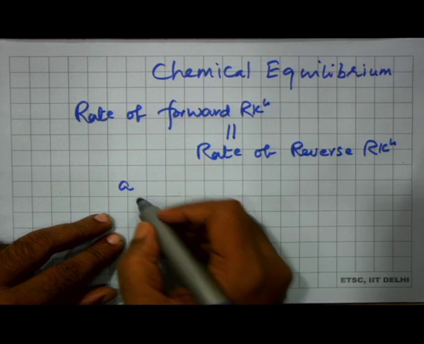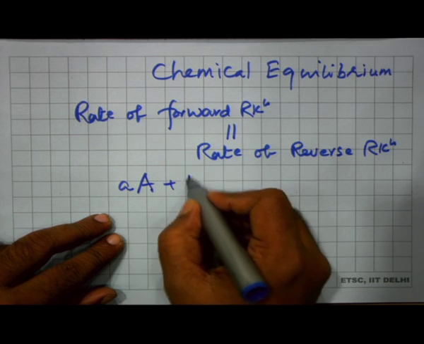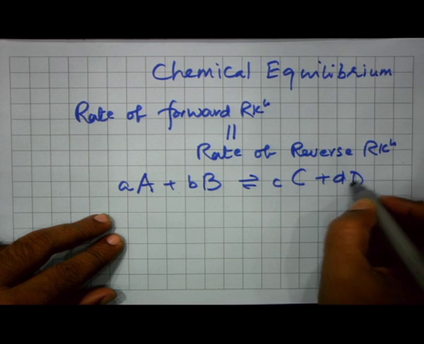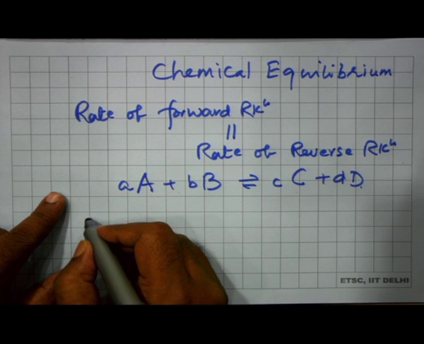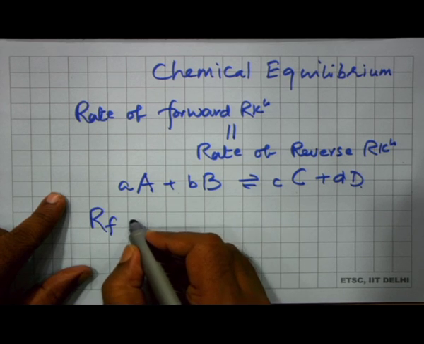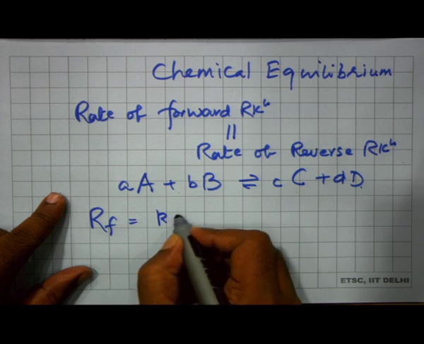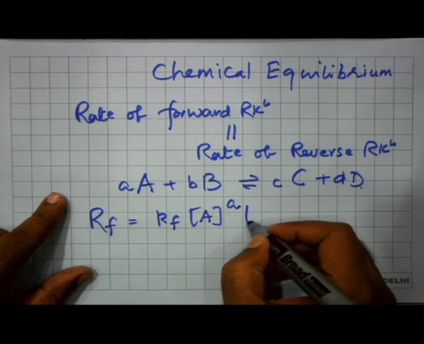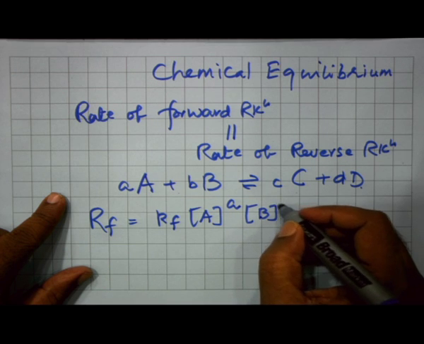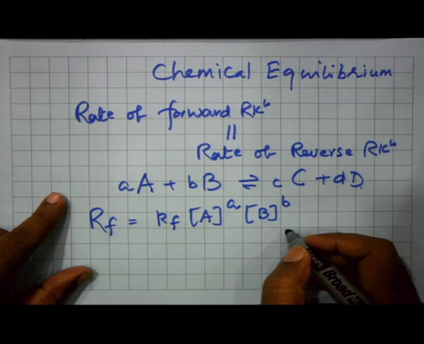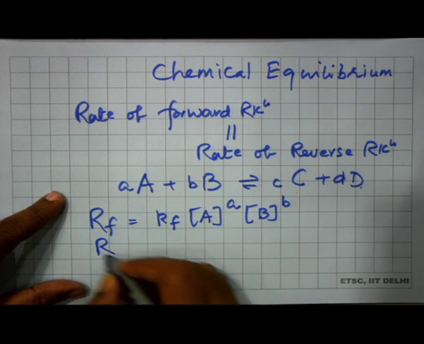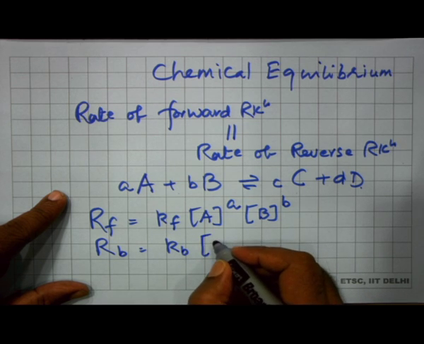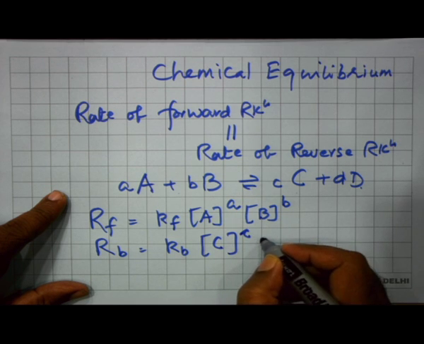So, suppose I take a reaction where a molecules of A react with b molecules of B to give c molecules of C and d molecules of D. Let us calculate the rate of the forward reaction, Rf. We know that Rf is equal to Kf, the rate constant, times [A]^a [B]^b. Similarly, we can calculate the rate of the backward reaction, which is Kb [C]^c [D]^d.